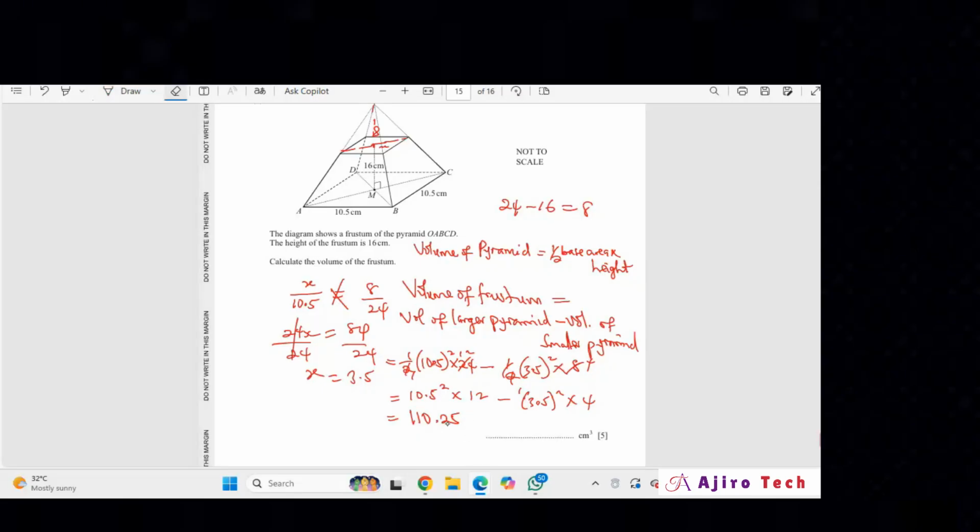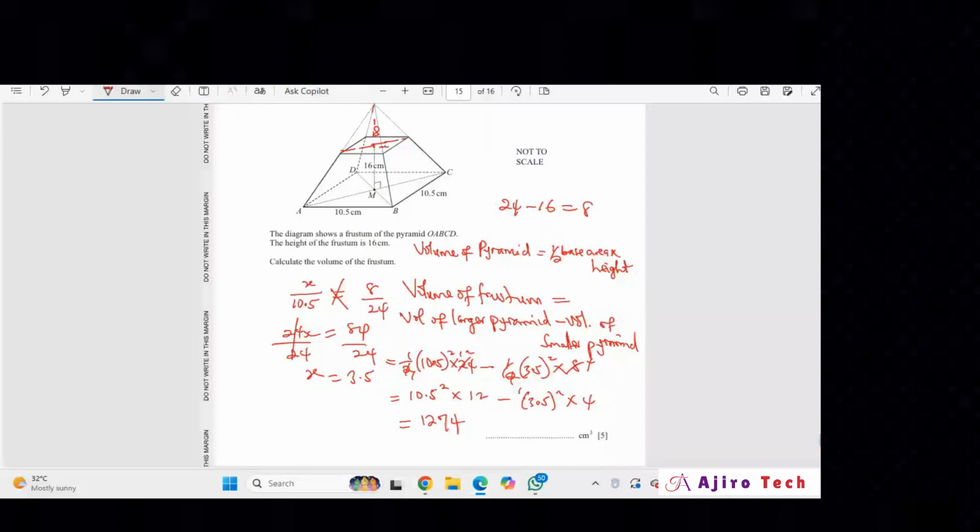We don't really have enough space here, so let's do it at once. 10.5 squared times 12 minus 3.5 squared times 4. That will give us 1274. Okay, let's check again, please.